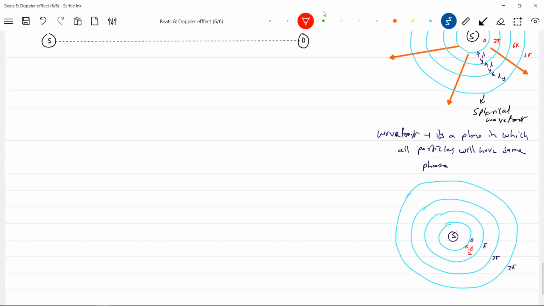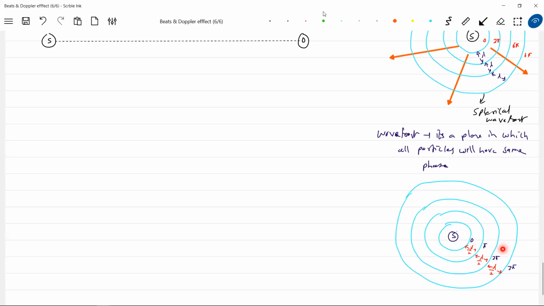Am I right? I think you know enough mathematics. Lambda by 2, lambda by 2, lambda by 2. If I draw 0, pi by 2, then the spacing should be lambda by 4. Like this, you can draw infinite wavefronts.